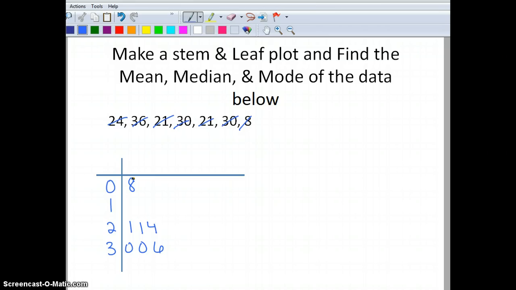Now the first thing we're going to do is find the mean. Now remember, the mean is the average. We're just going to add them up. So we're going to say, okay, I've got 8 plus 21 plus 21 plus 24 plus 30 plus 30 plus, oops, ran out of room, 36. And all of that's going to be divided by 7.